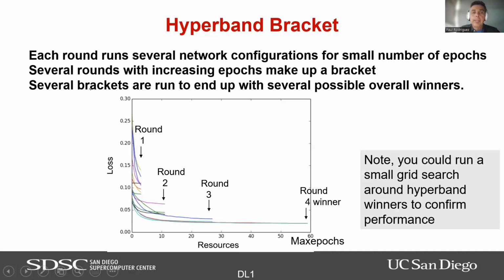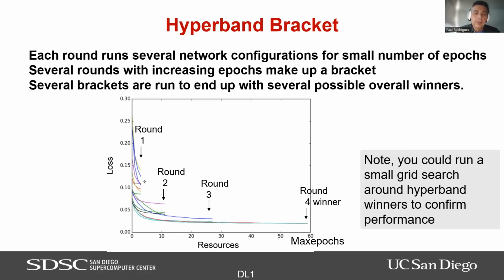So here's what Hyperband does. Again, it's like running a tournament. Each round of the tournament, it looks at several network configurations for just a small number of epochs. So round one in this graph, I'm showing you on the x-axis the number of total epochs. They tend to call it resources because you can think of it as your time and computation resource.